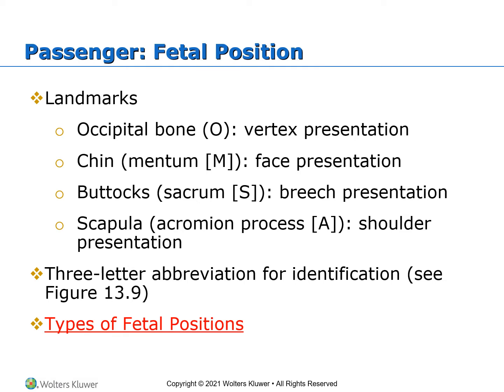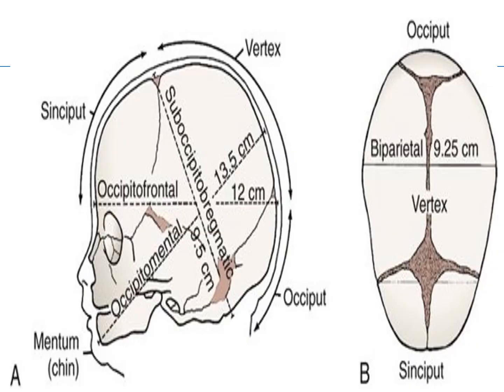You don't want it to be P. That last letter, you don't want it to be P because it causes a lot of pain, a lot of complications, and that's the sunny side up delivery that you don't want. This is just a picture of the occiput, vertex, sinciput, the mentum.